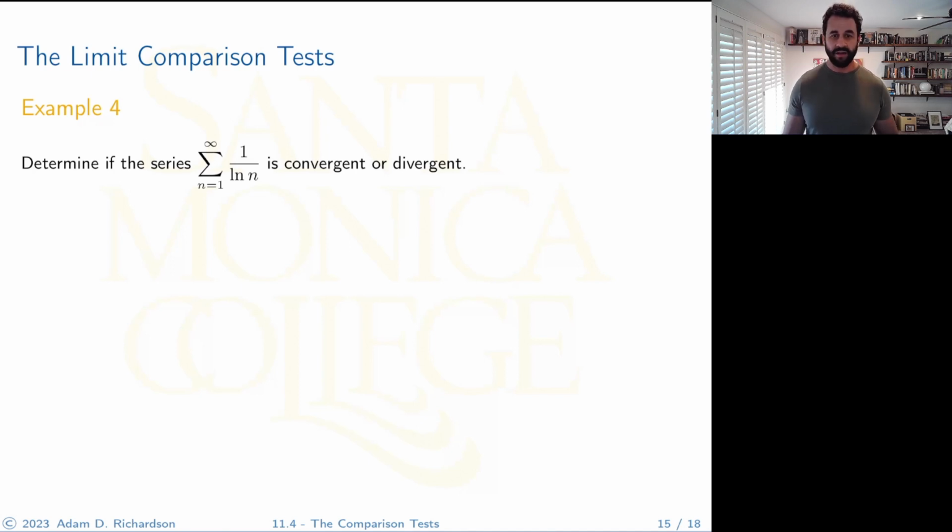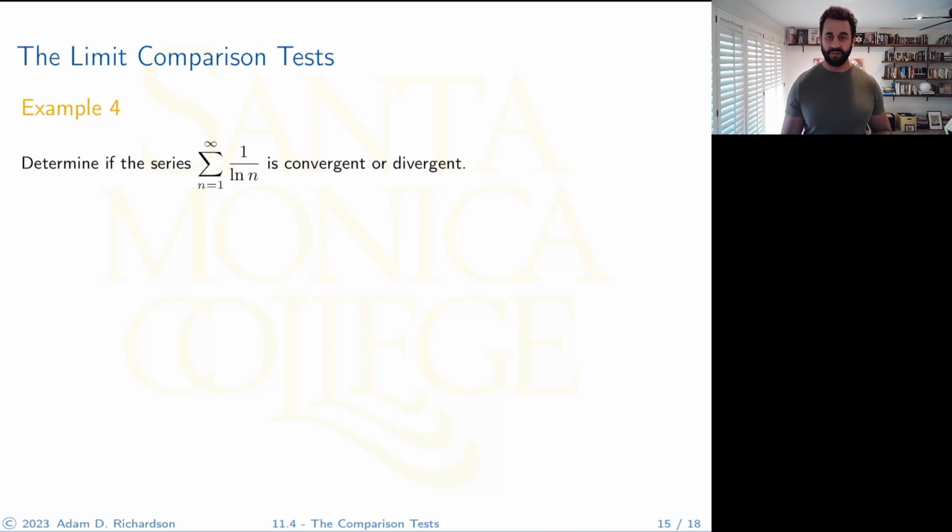All right, here we go. Well, the series, okay. Let me see. 1 over ln of n, adding all those up. Well, I have a hunch that this is going to diverge, but I don't really know.